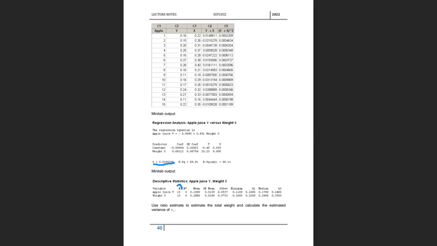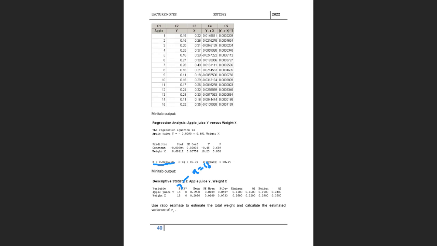It's supposed to be a small letter n. That is the sample size. It's not a population size. Are we together? So that one represents small letter n, which is the sample size. Sample size is equal to 15, not a population size of 15. And then they calculated the mean for apple juice and the weight for apple juice and everything.